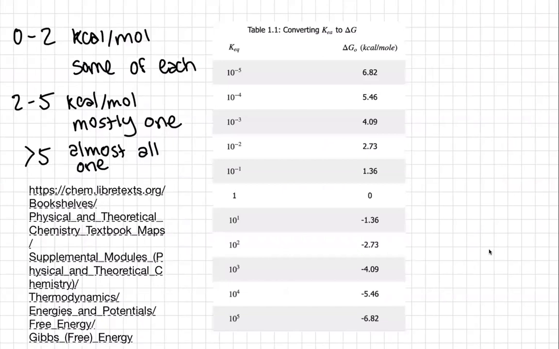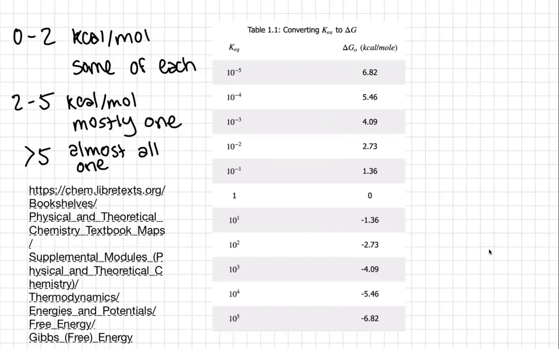And if it has a high activation barrier, it might take a really, really long time to get there if you don't have any help. But thinking in terms of these delta G naughts tells us about the inherent favorability of the reaction. So let's look a little more explicitly at the connection between Keq and delta G, in this case, delta G naught.